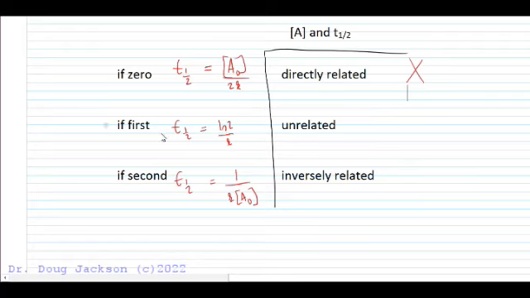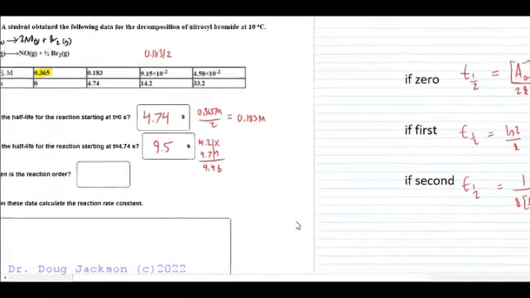In a first-order reaction, it's just natural log of 2 over the rate constant, and so it's unrelated to starting concentration. So it's a constant no matter what for a first order. Well, our half-life is changing, so we can rule that out. Second order reaction, if we were to double the half-life, we would then cut the concentration in half. They're inversely related. That's exactly what we're seeing here.